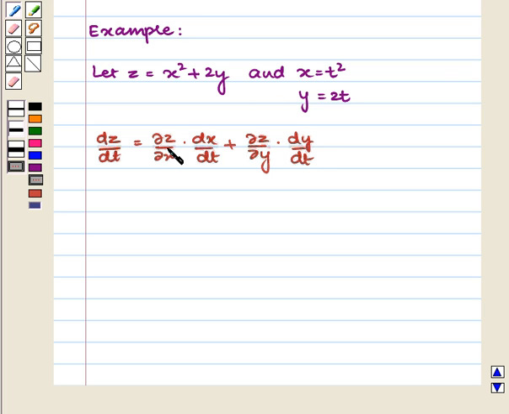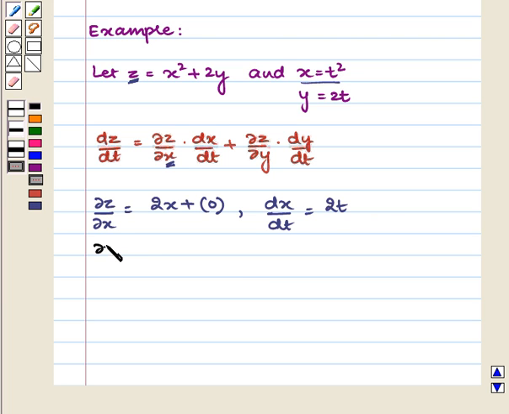Now del z by del x is equal to 2x plus 0, as we are partially differentiating z with respect to x, keeping y as constant. Dx by dt is equal to 2t.